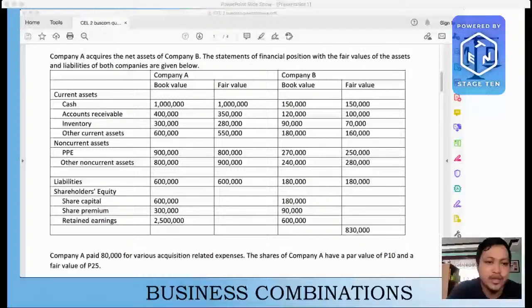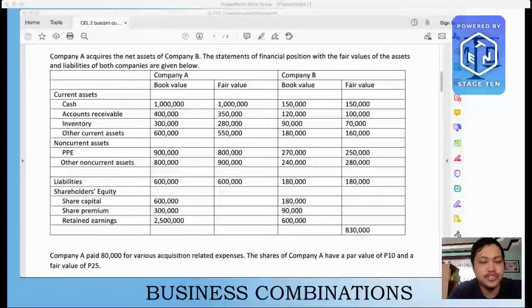So if the problem tells you that the net assets are acquired by issuing 200,000 shares, common shares of the acquirer, and the par value is 10 while the fair value of the common shares is 20, all you have to do is to multiply the 200,000 shares issued times the fair value of 20.